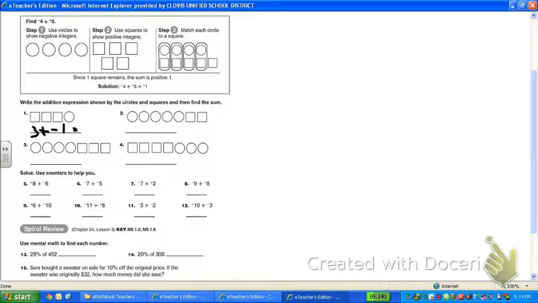And of course, it's a war, so we're going to subtract. 3 minus 1 is 2. And we keep the sign of the bigger number, which is 3. Down here, we're going to have 4 squares plus negative 3, because the circles are negative. 4 minus 3 is 1, and we keep the sign of the bigger number, which is 4.